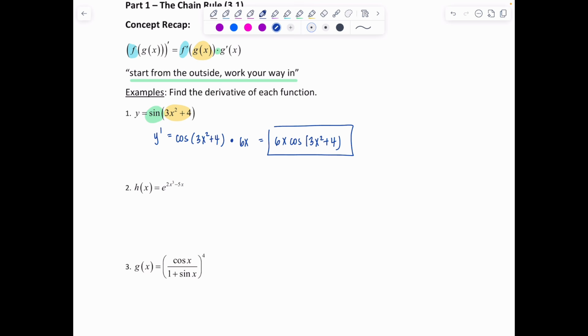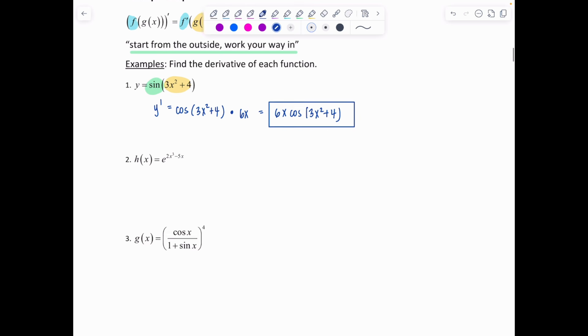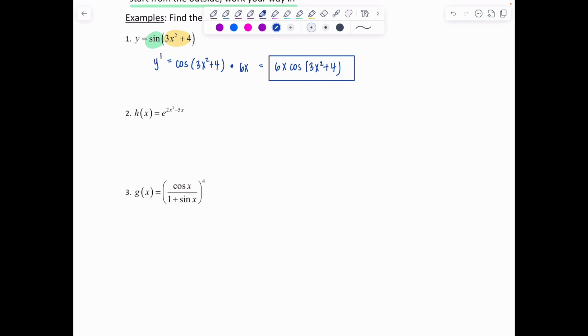Perfect. Okay, next one. H of x is e raised to the 2x cubed minus 5x. So again, h prime of x, the outermost function, just ignore everybody else. Derivative of e to the something is what? It's e to the something. Now I'm going to chain or multiply by the derivative of the something.